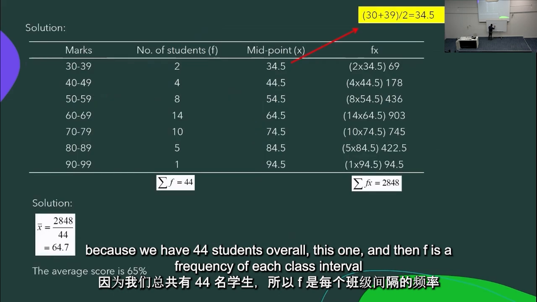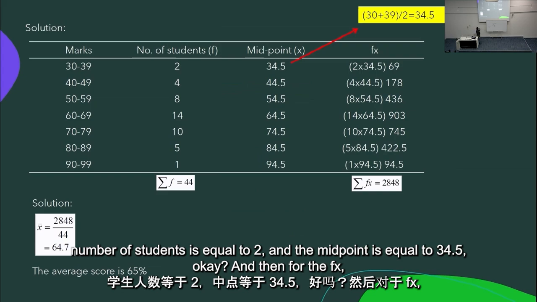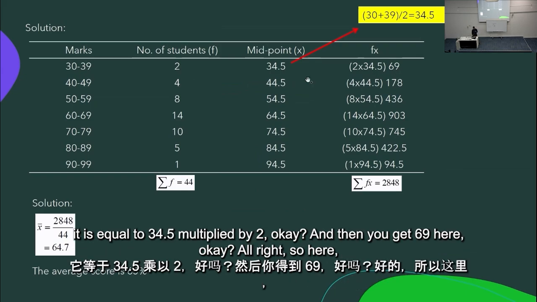And f is the frequency of each class interval multiplied by the midpoint. So you will get this solution here. Number of students is equal to 2, and the midpoint is equal to 34.5. For the fx, it is equal to 34.5 multiplied by 2, and then you get 69 here.